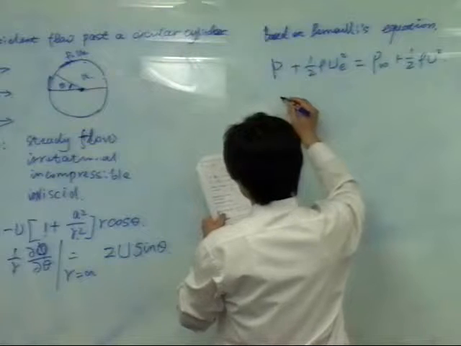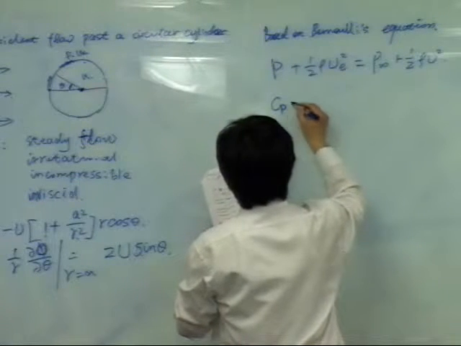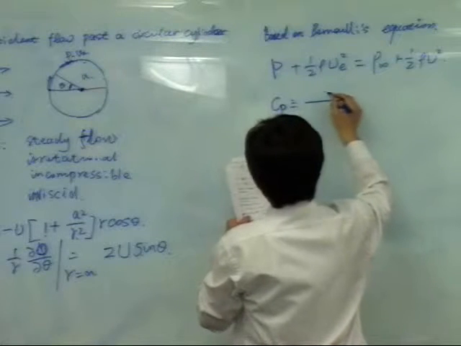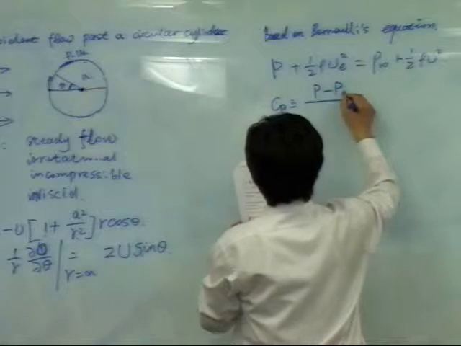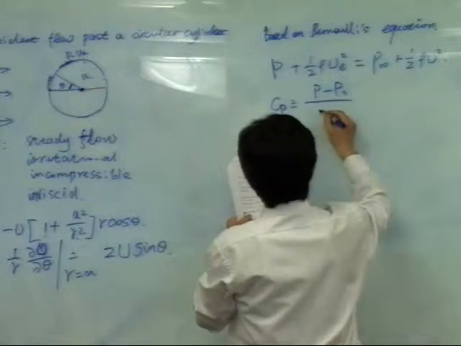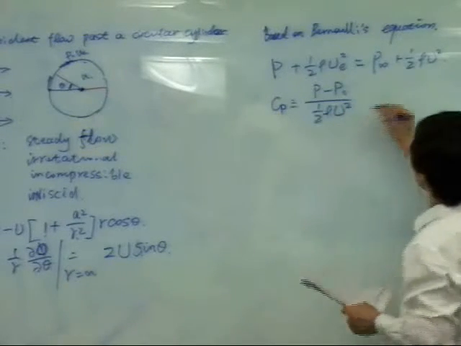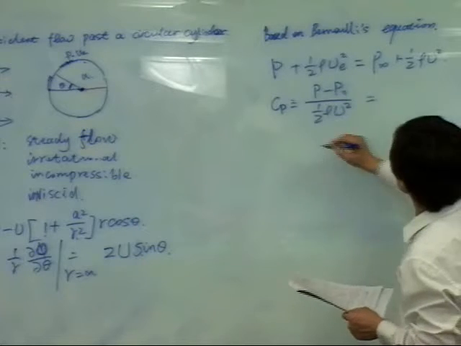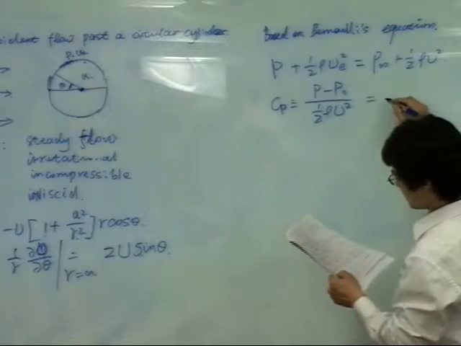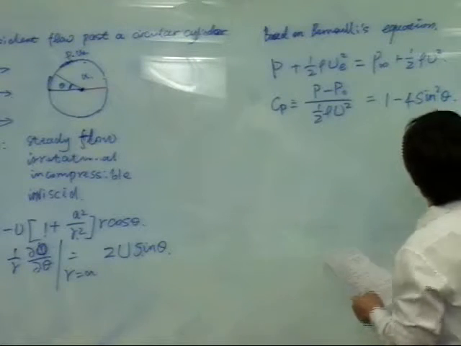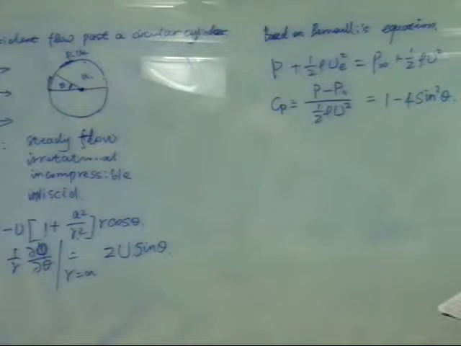So therefore, we can define a pressure coefficient as P minus P naught, right, as this. And the result of this gives 1 minus 4 sin squared theta.